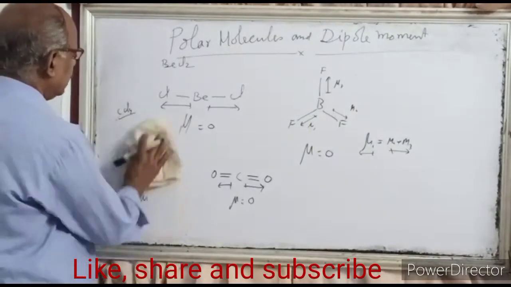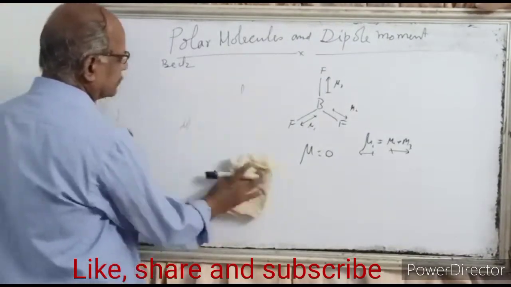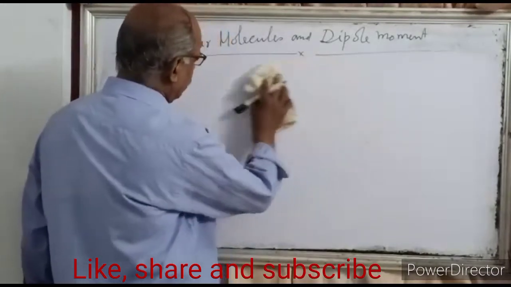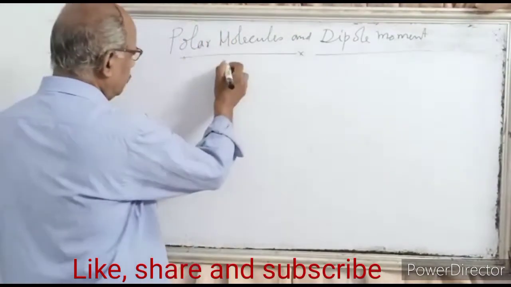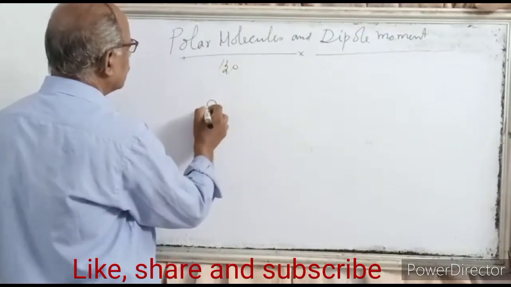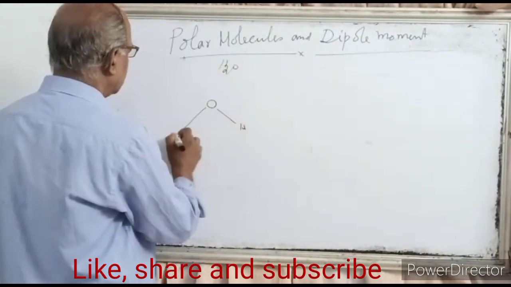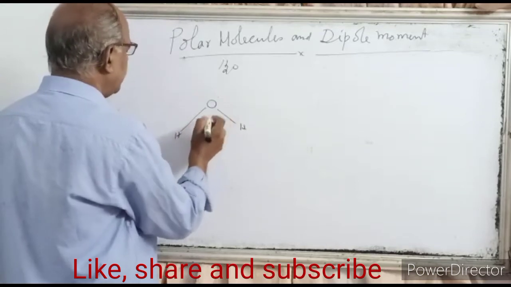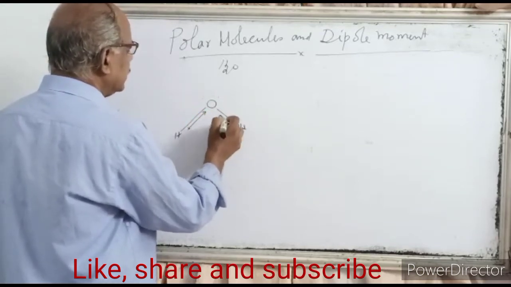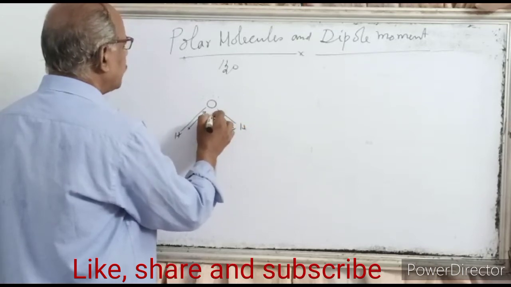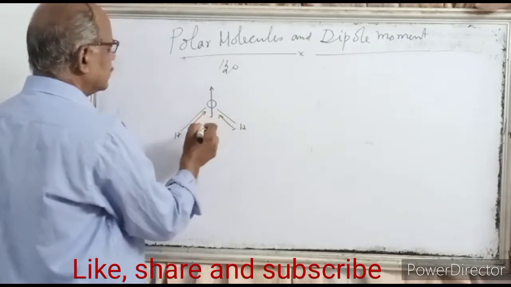But in the case of water, H2O, it has a bent molecular shape. It has 2 lone pairs. The dipole moment will be in this direction, and this one in this direction, so the net dipole moment will be in this direction.